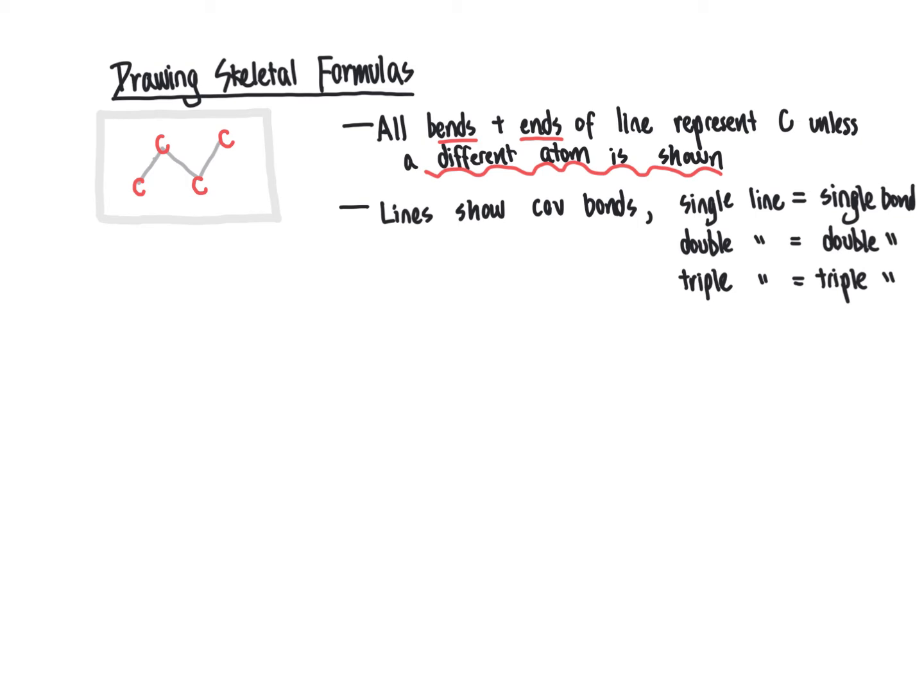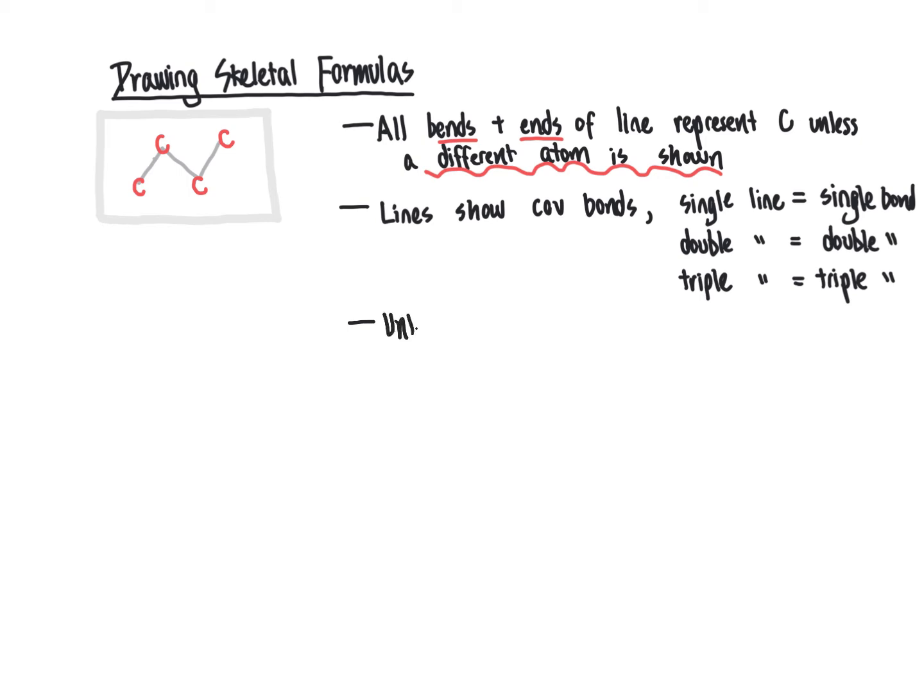triple lines. All right, next point here, as we go through the process of interpreting skeletal formulas, is that unless indicated otherwise, every carbon atom we can assume is fully saturated with hydrogens to fill its complete octet.